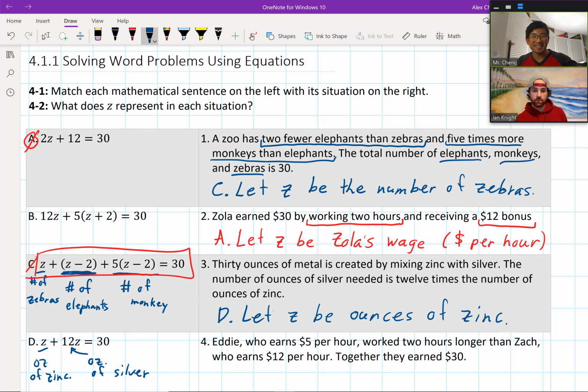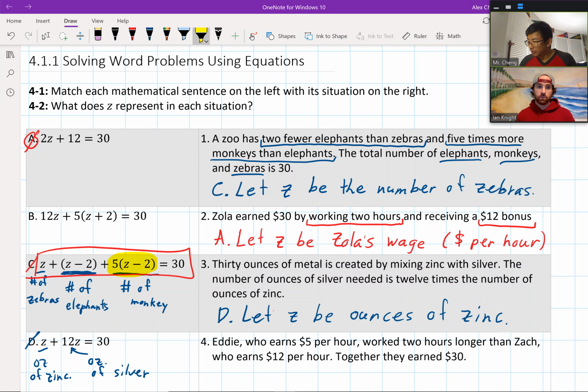So besides the fact that this is a multiple choice question, and we already know that the only leftover answer is B, I think we should still take a look at how these different pieces fit into there, because I think this one's interesting because there's a good amount going on, actually similar to the monkeys in that first one, part C. If we think about what we know and don't know, we know how much each of them earned, and we know their wages, and we know how much they earned total, but we don't know how much time they worked.